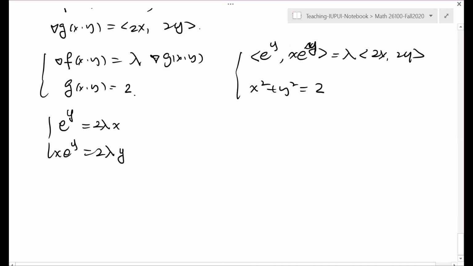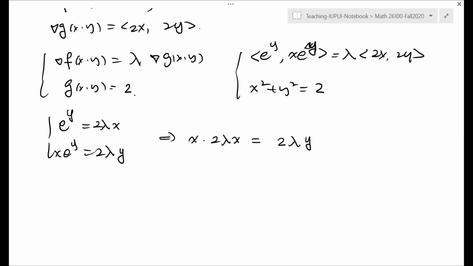Okay, so let's try this. Replace e to the y in the second equation. E to the y is 2 lambda x, so 2 lambda x equals 2 lambda y, and a surprise: the 2 cancels out, and lambda also cancels out.